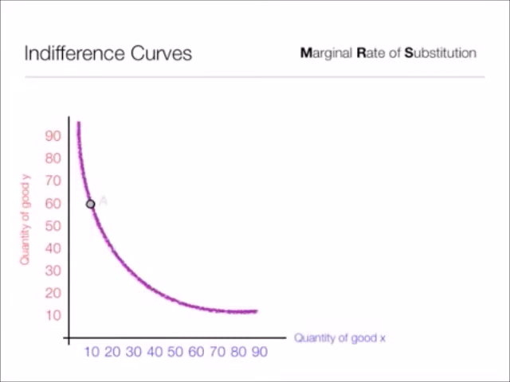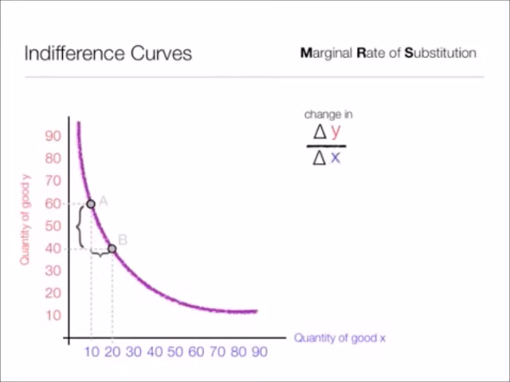Now I'm going to talk about marginal rate of substitution. That is moving from point A to point B. How much y am I willing to give up to get this much x?